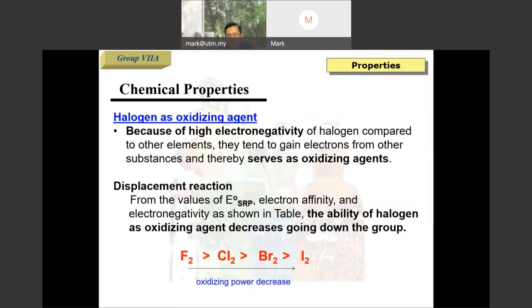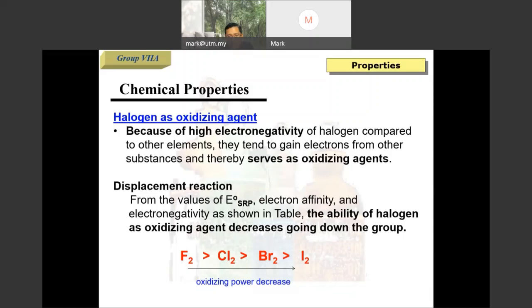Look at the chemical properties. Halogens act as oxidizing agents, as I mentioned, because of the high electronegativity of halogens compared to other elements. They tend to gain electrons from other substances and thereby serve as oxidizing agents. They can displace other elements in a compound, based on the values of the standard reduction potential, electron affinity, as well as the electronegativity, as we saw earlier in the table.